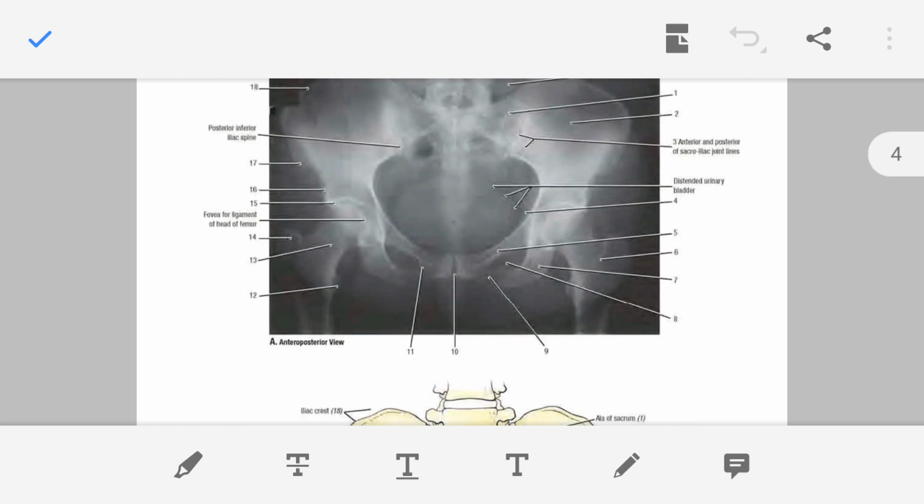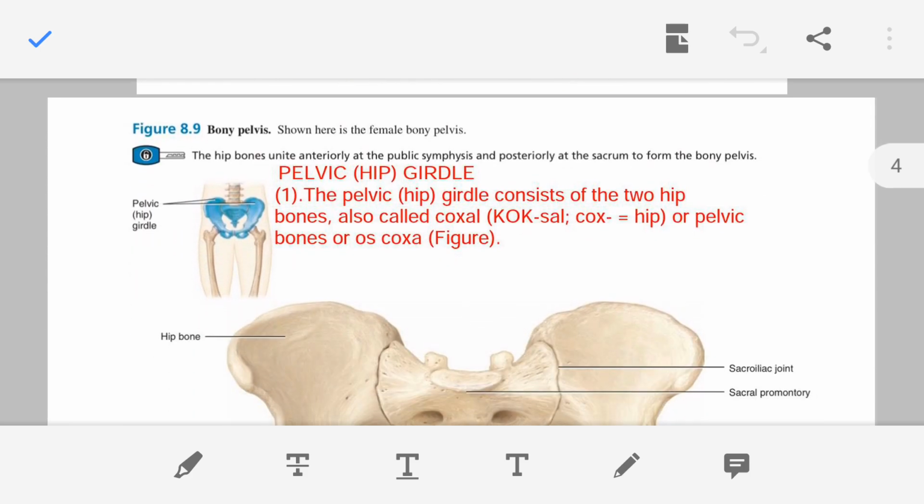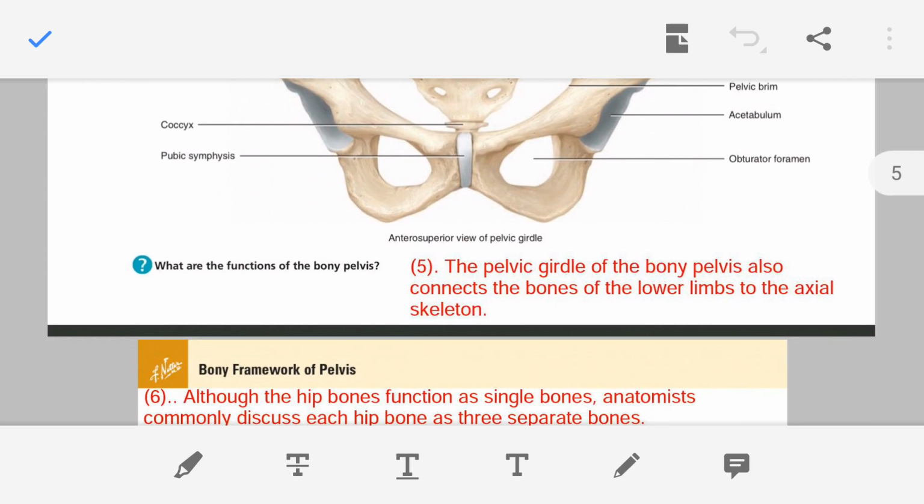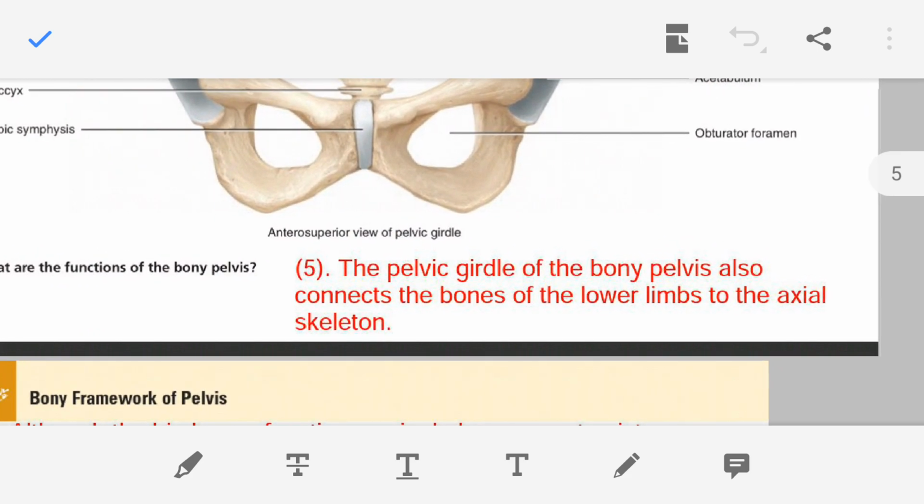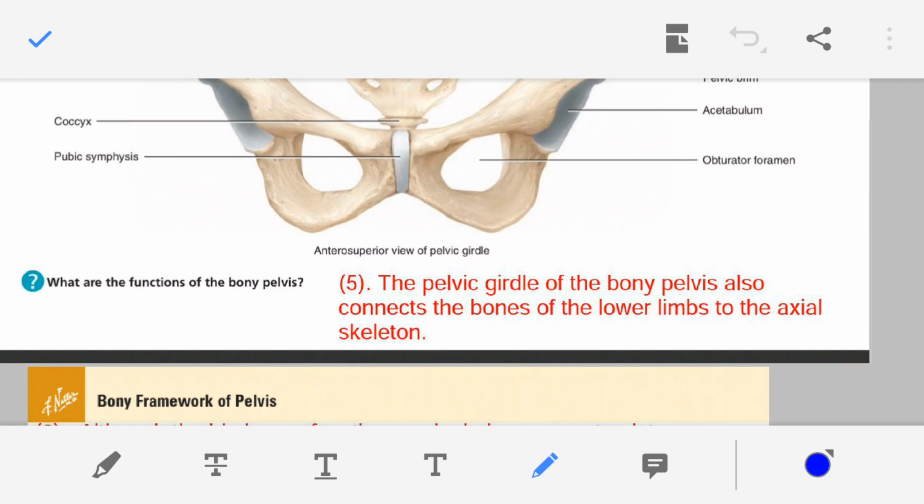Now moving on to the fifth point of our discussion. The pelvic girdle also connects the bones of the lower limbs to the axial skeleton.